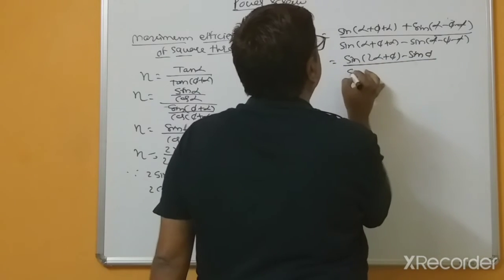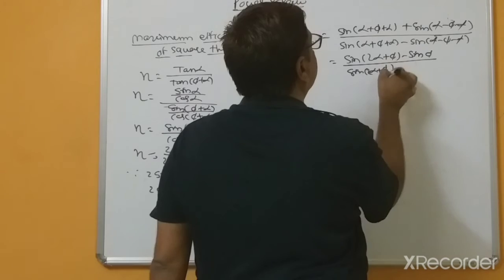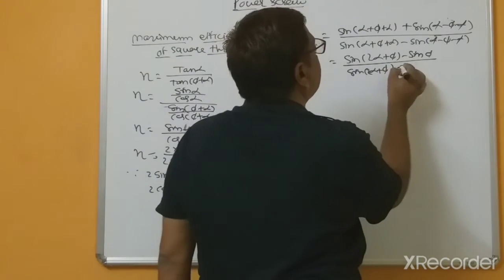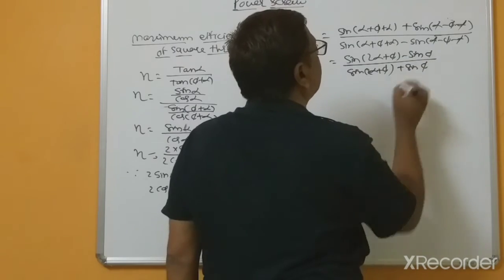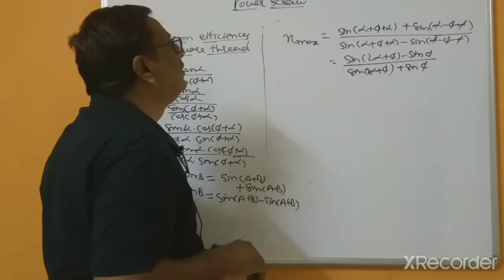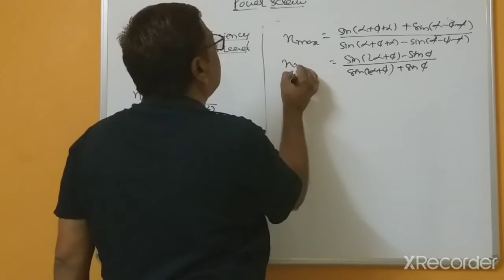So this is sin (2 alpha plus phi) plus sin phi, right, and this is maximum.